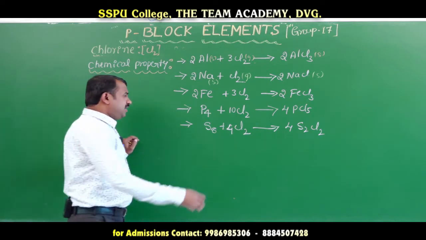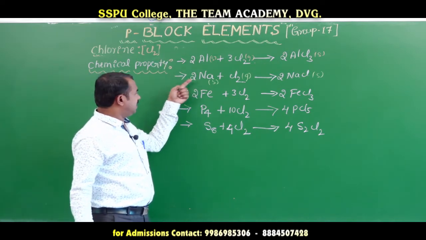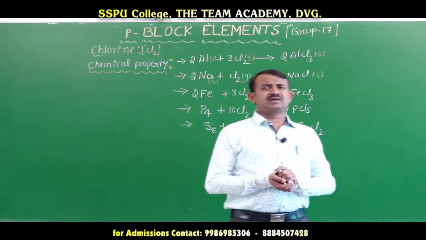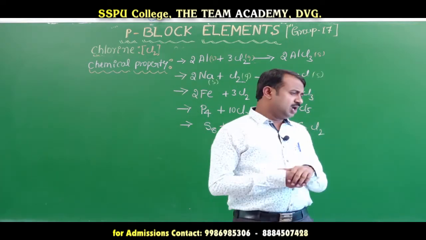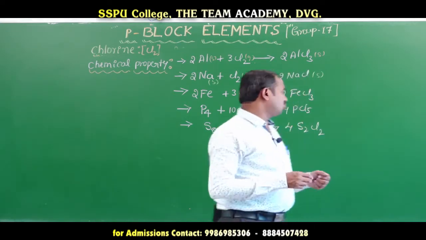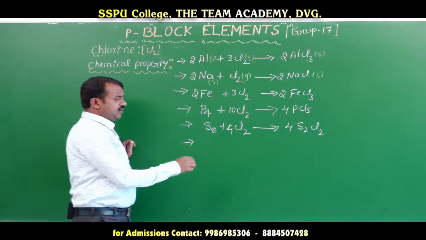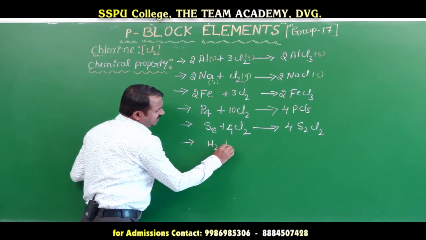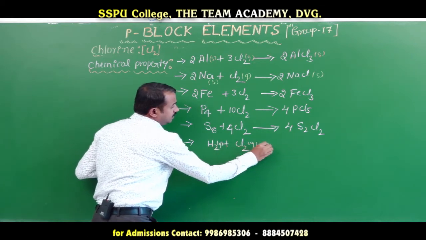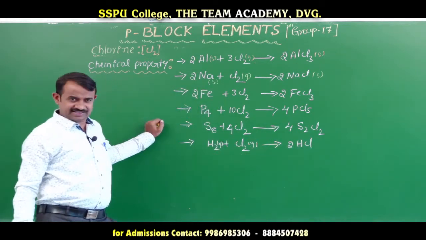Okay, all elements here, the P block elements, alkali metals, phosphorus and sulfur, all react with chlorine to form a metal chloride. And we will go for another molecule, hydrogen gas reacting with chlorine gas to form 2 molecules of hydrochloric acid.